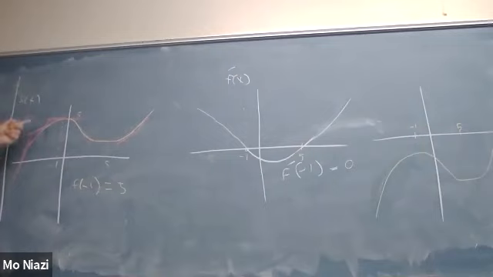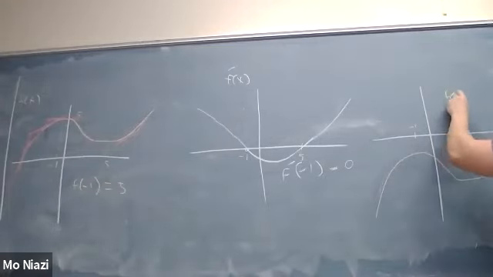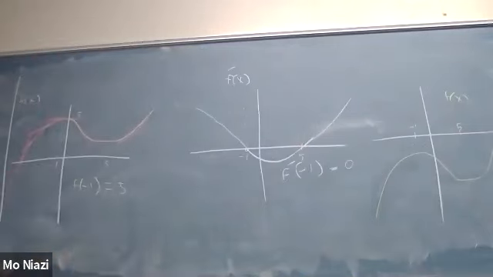But look, this is above the x-axis. That's below the x-axis. That's what I was trying to say. For f of x, it doesn't matter where it's at. But for f prime of x, it does. So you're saying that you can have the same derivative even though it's not the same graph.